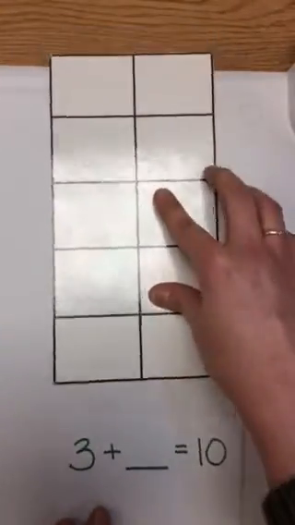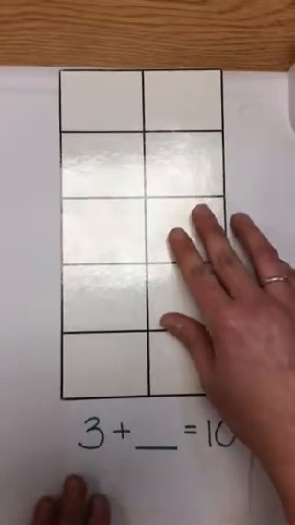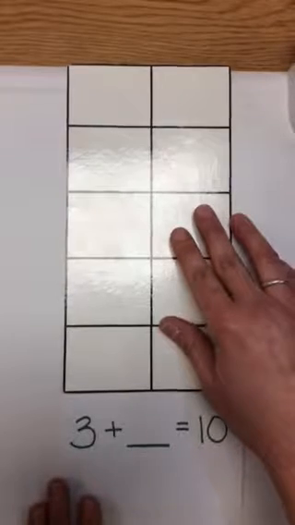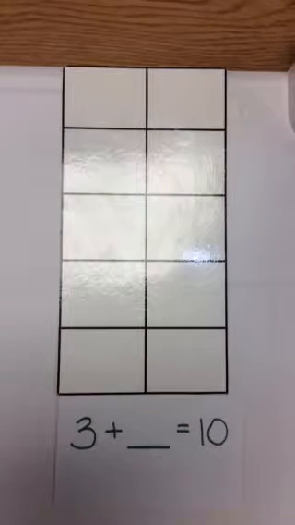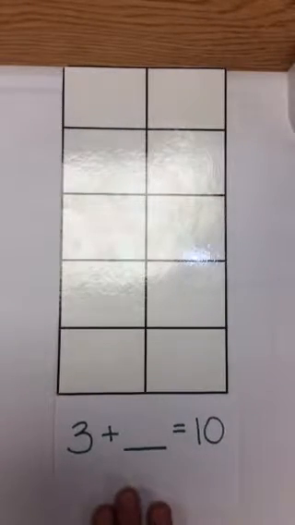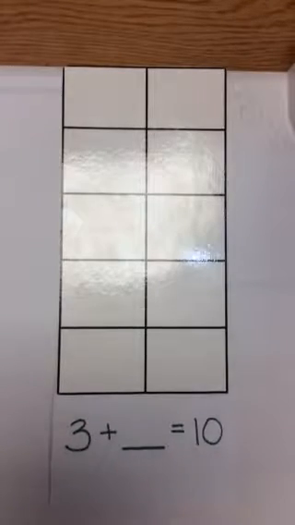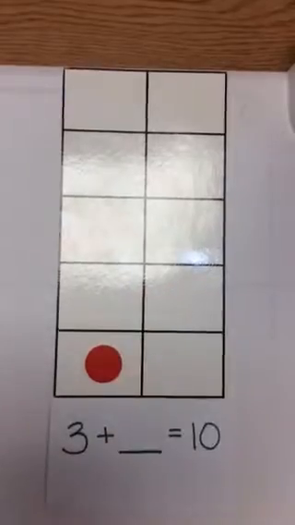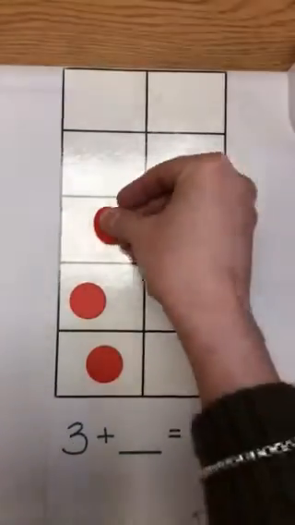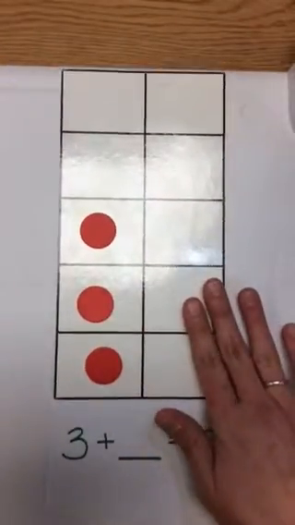So as you can see here, I'm going to keep up this number sentence. This is something that I model for our students so that they can see the missing addend here, and they're visually going to be using manipulatives to start with that first addend, which is 3. So I am using 3 dots here.